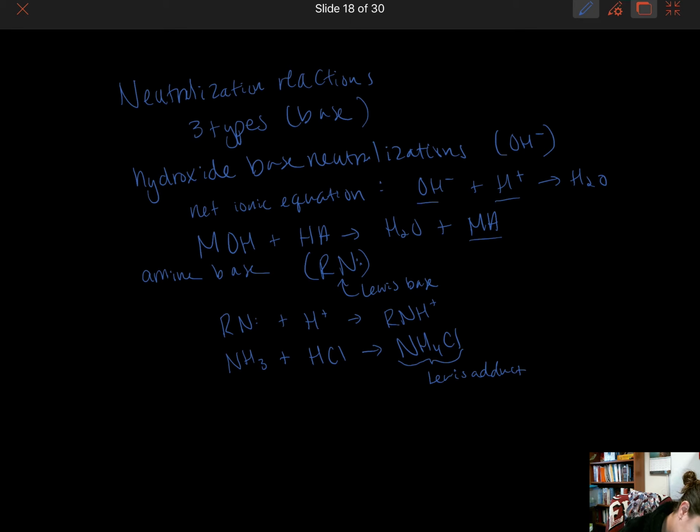Okay, our last type is carbonate or bicarbonate base. So with our carbonate base, we have CO3 2 minus plus 2H plus goes to CO2 plus H2O.